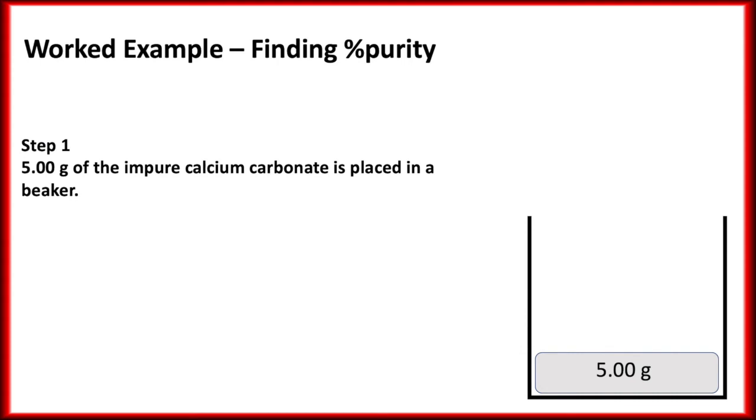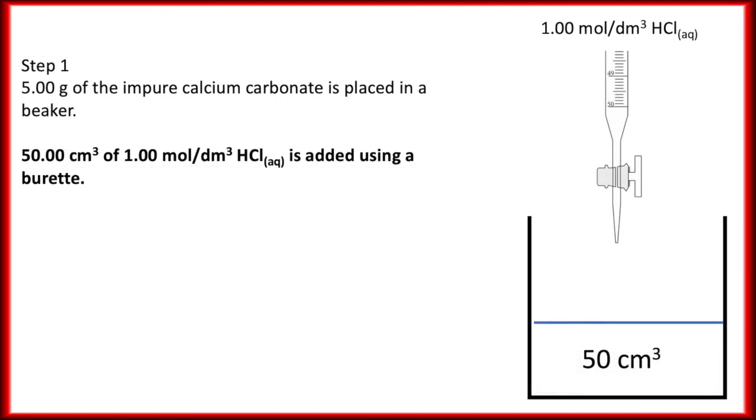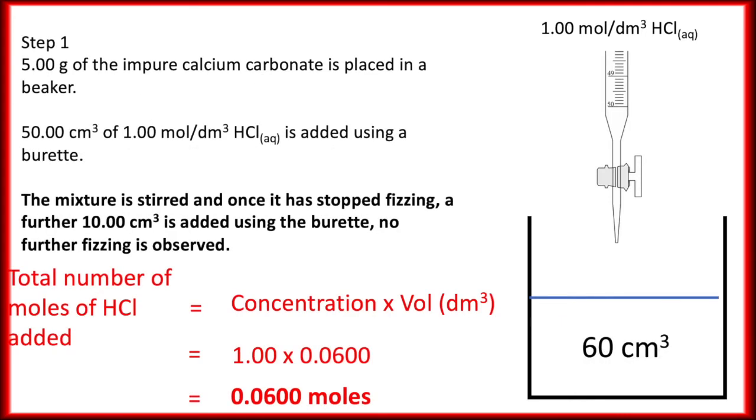So step 1, nice and easy. There's my beaker and I've added 5 grams of calcium carbonate to it. Here comes along my burette and I add 50 centimeters cubed of HCl to it. So I've now got a solution. It's fizzed, stopped fizzing. Add another 10 centimeters cubed and no further fizzing is observed.